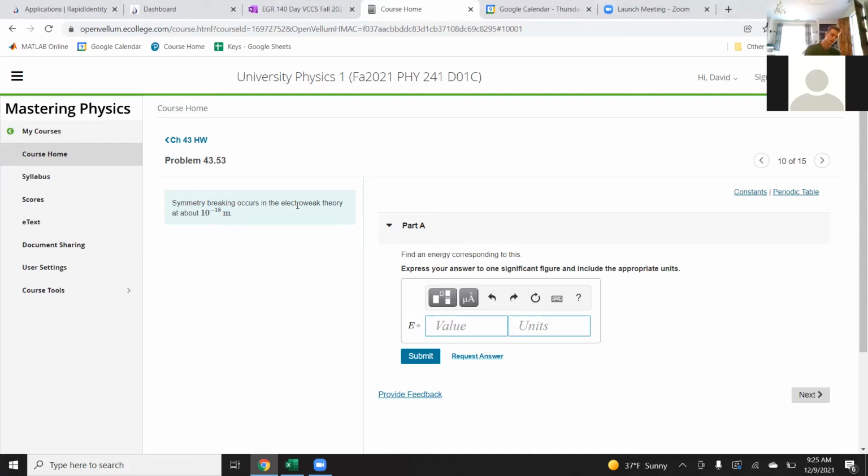So yeah, let's see. I want to try something right now. I'm going to look at something really quick in chapter 43 on this, just to double check.